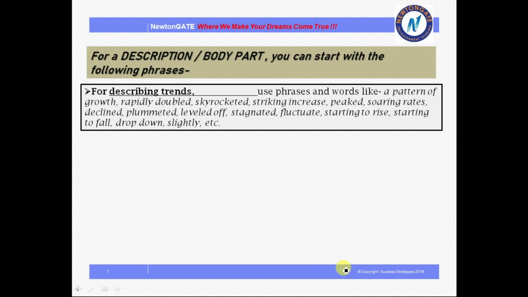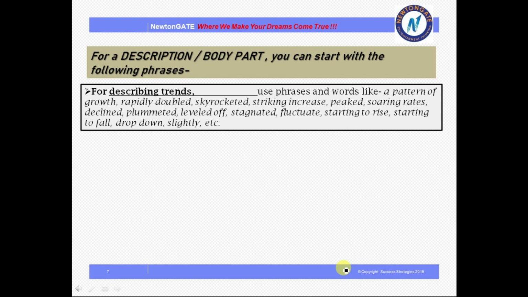Suppose in the case of birth rate, it went high in the year, suppose, 1921. So I will write that the birth rate skyrocketed in the year 1921. If you wish, you can mention the value also. Then striking increase, peaked, scoring high, declined, then leveled off, stagnated, fluctuated, starting to rise, starting to fall, dropped down slightly, etc. Definitely, students, please note down these phrases.